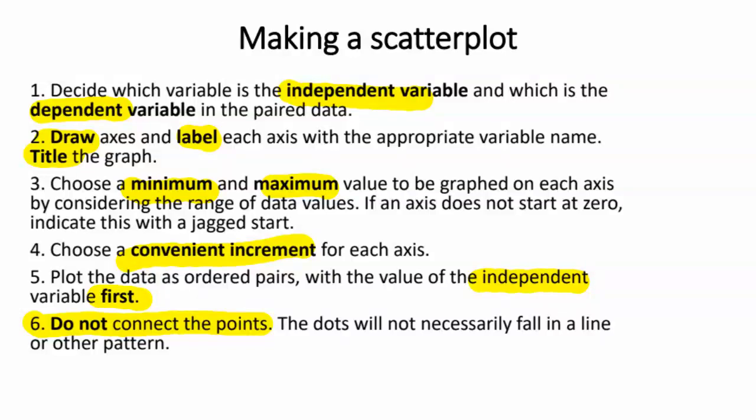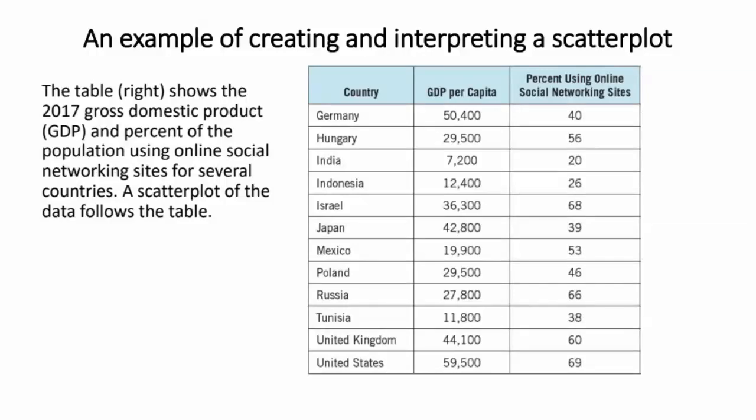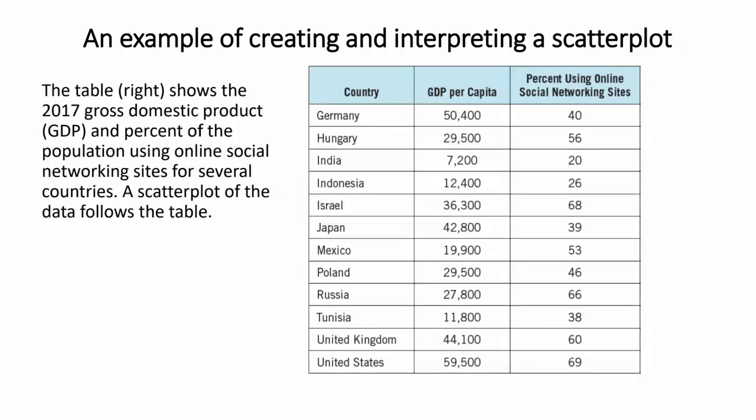Now, when you do a scatter plot, you are sometimes going to have more than 2 columns or 2 rows in a table. And this is a perfect example. This table at the right is showing the 2017 gross domestic product and percent using online social networking sites for several countries. Now, this is something you may not realize. I have 3 tables.